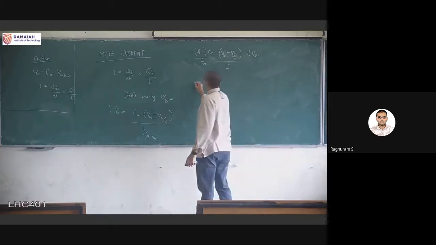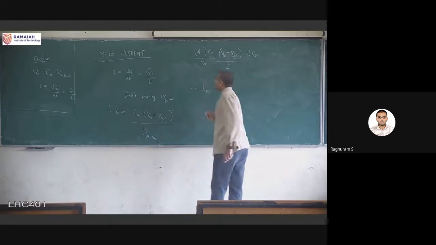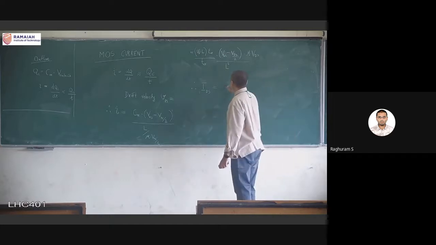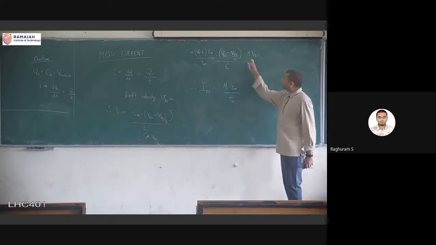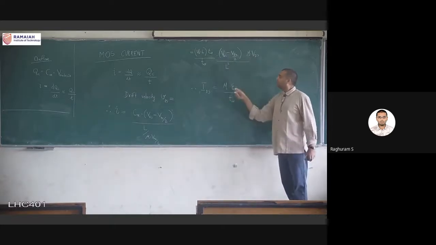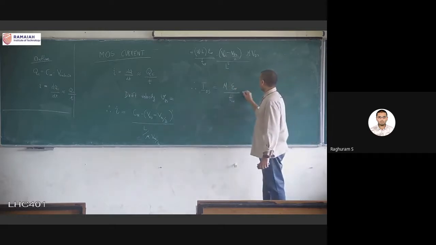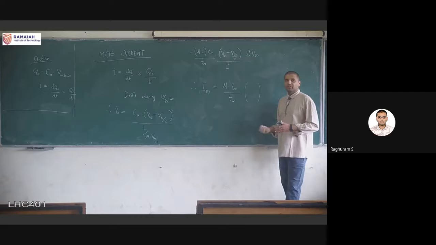Okay, so therefore Ids equal to, okay, now final expression, mu epsilon ox, T ox. Okay, this is one component into, now this middle part is super important for our design purposes.